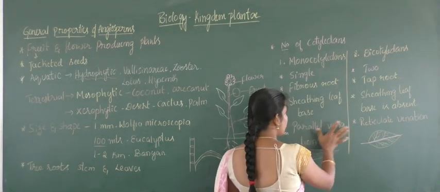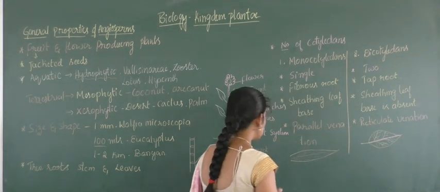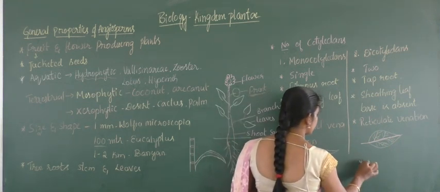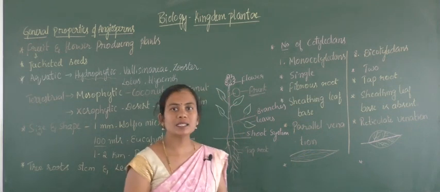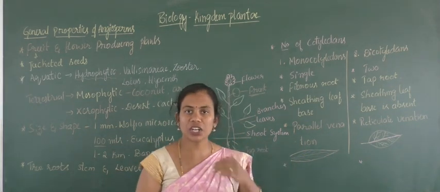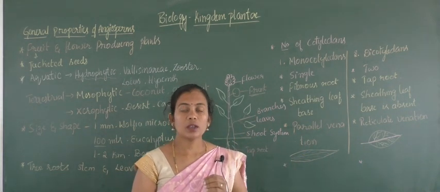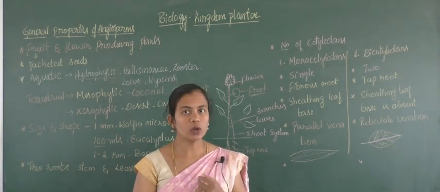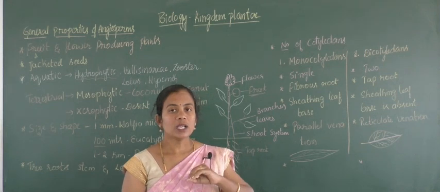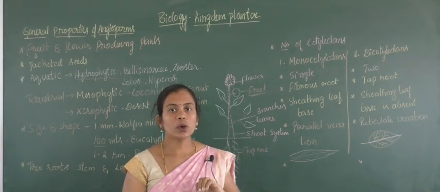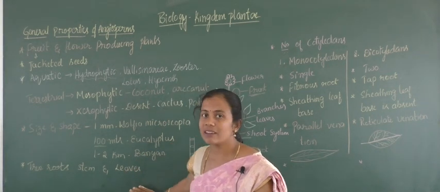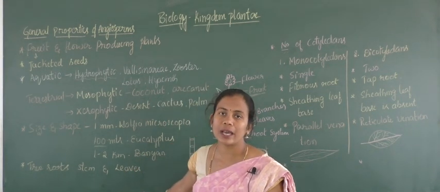So regarding parallel venation and reticulate venation, when you come to the last part, you can analyze the anatomical structure, the internal structure. You are going to take out the transverse section of a stem or maybe the root also. In those, you can analyze the presence of xylem and phloem, as these are completely vascular tissue containing organisms.